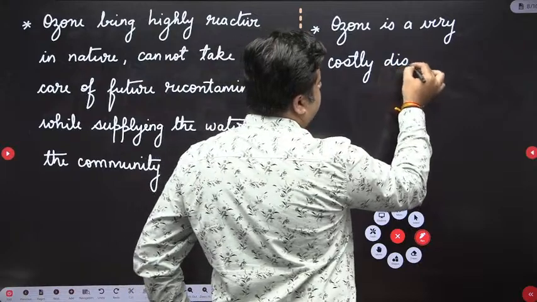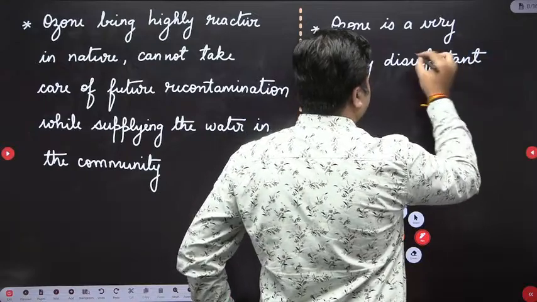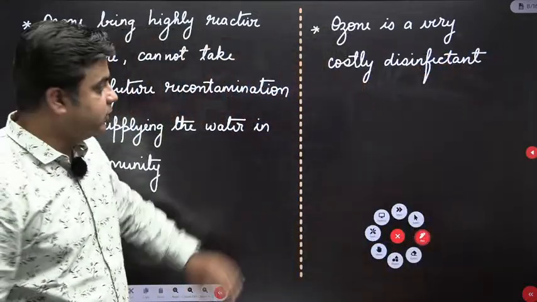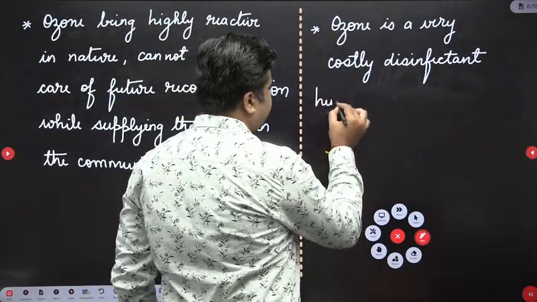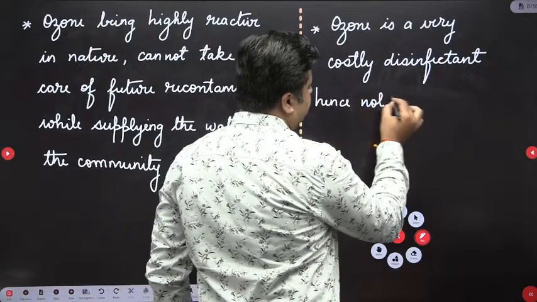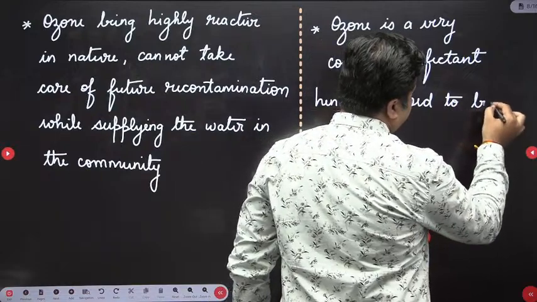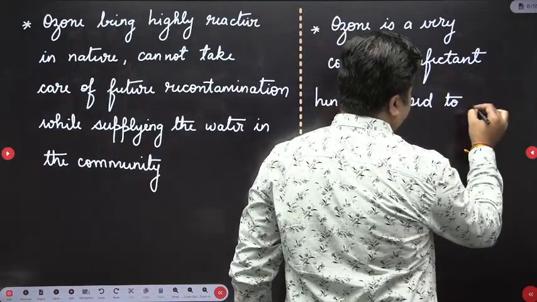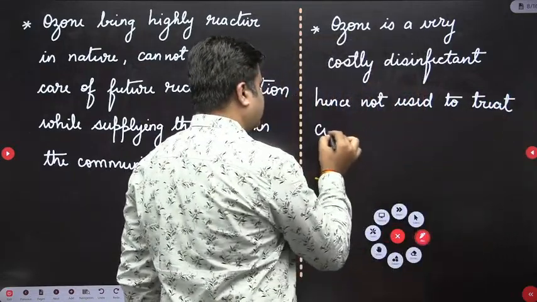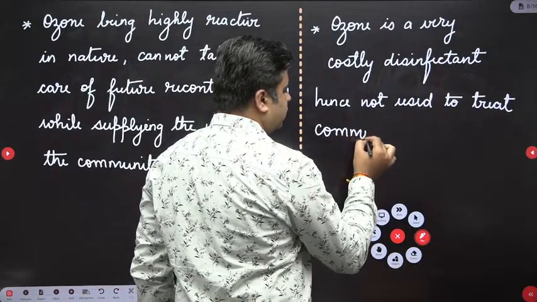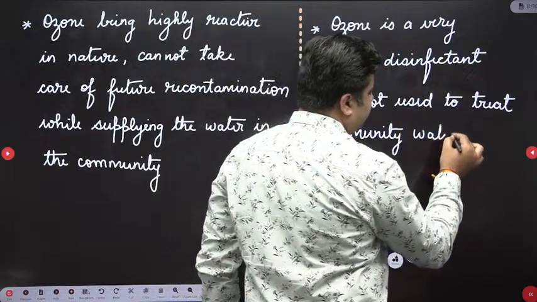You can write like this: ozone is a very costly disinfectant, hence not used to treat community water. That is, water supplied to the community.